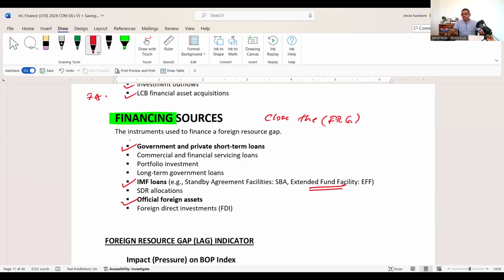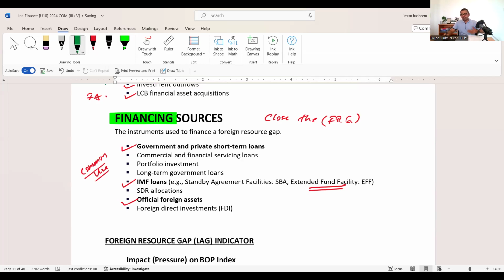Now, what I marked with the red color marker, what I've ticked off, is what we commonly use to close the foreign resource gap. What I'm going to mark with the green color marker are ideally what we should do, how we should find the money to close this gap, right?